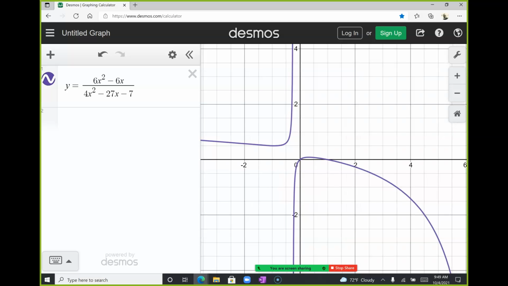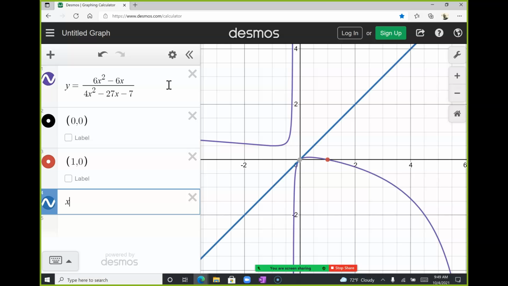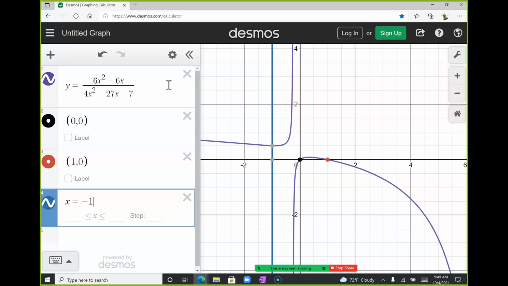So, what did we find? We had intercepts of 0, 0, and 1, 0. We had vertical asymptotes of x equals negative 1/4.